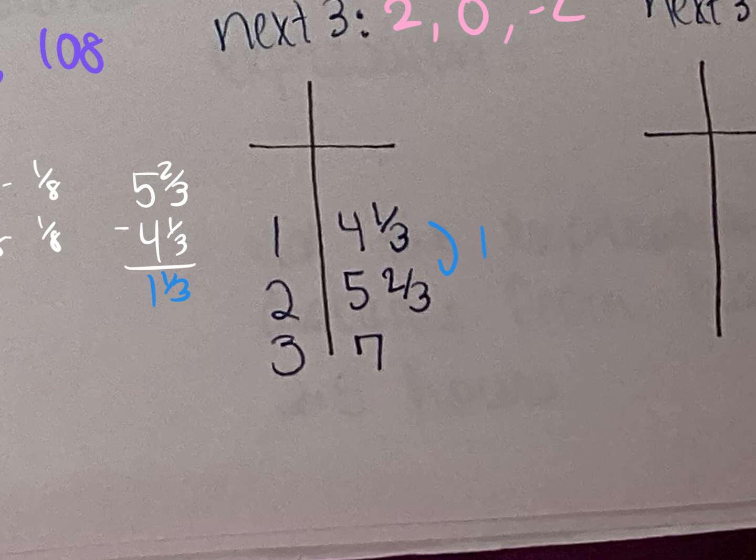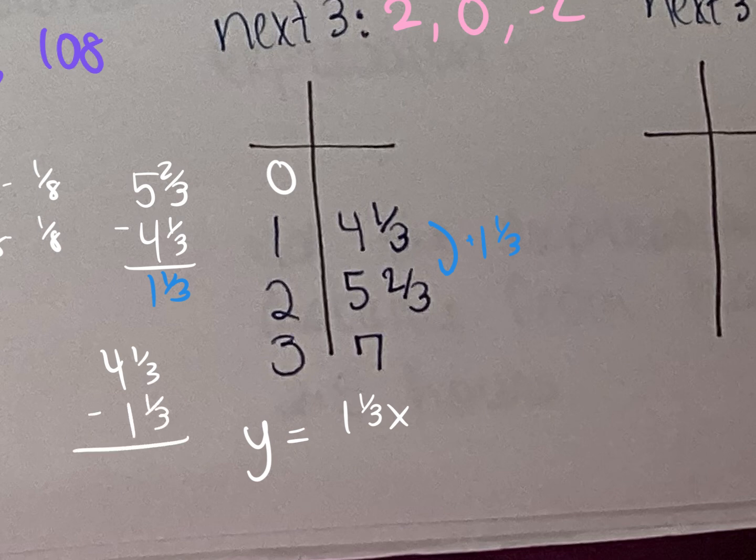So we're going up 1 1/3. That means y equals 1 1/3 x. Now I need to back it up to 0, so I need to take 1 1/3 off of 4 1/3. That becomes 3.